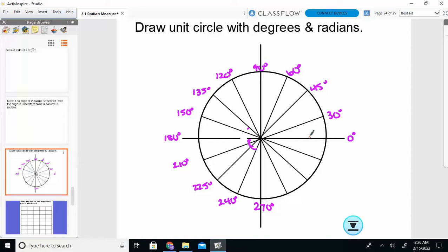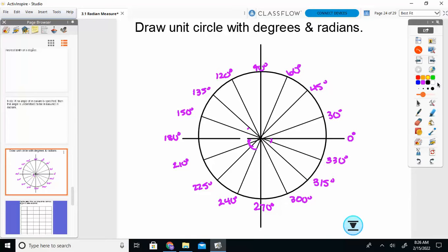360 minus. So 360 minus 30 is 330. 360 minus 45 is 315. 360 minus 60 is 300. So as you go around, these angles get larger.